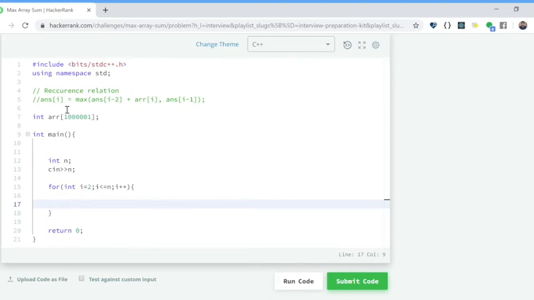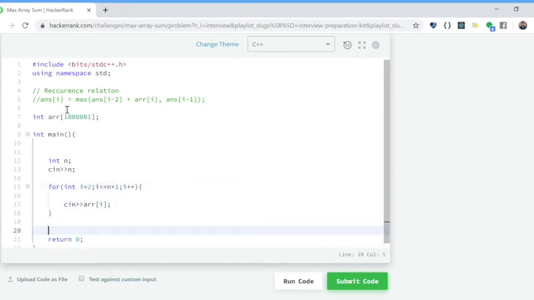So I'll scan all the elements in my array. So it should be n plus 1 because I'm pushing the start position of my array from 0 to 2. That's why I'll push my end index from n minus 1 to n plus 1.